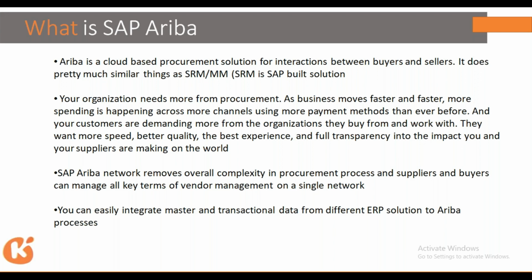Let's take one quick example. Let's say we have to buy a few laptops for office purposes, and let's assume we have never purchased laptops from any supplier. Our purchasing team will first try to find suppliers and discuss with them whether they can supply that product to us or not.